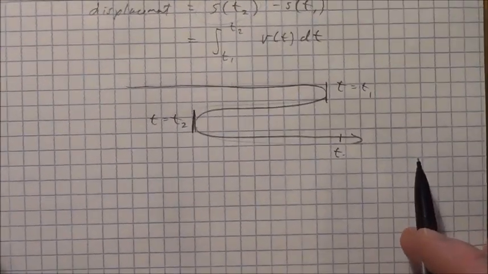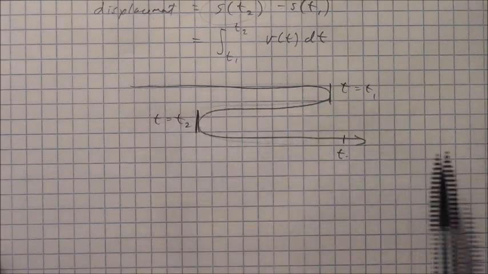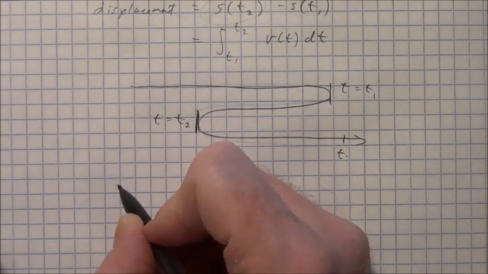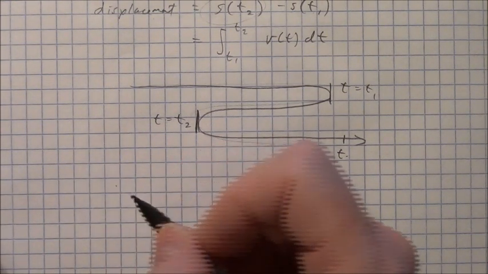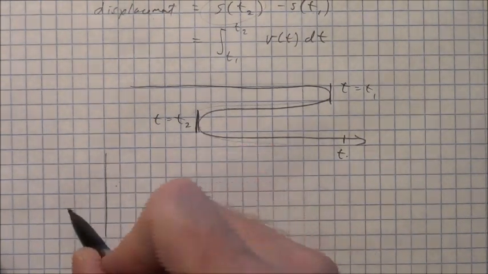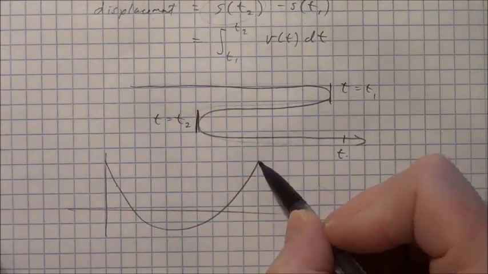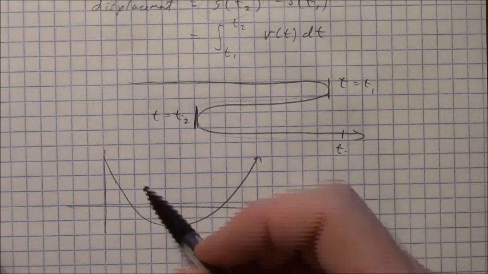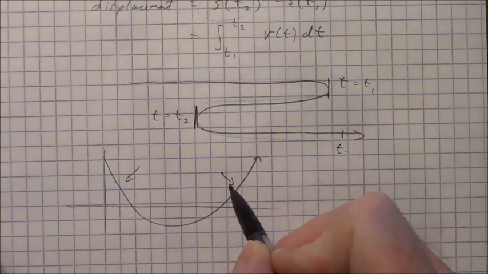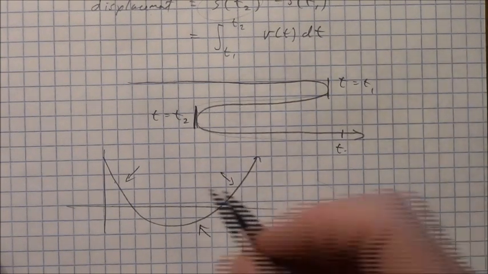So if a particle or an object is moving back and forth, the velocity function could be some sort of a quadratic. And so the quadratic might look something like this, for example. If that's the case, then when we take the integral, the distance traveled in these two sections would be positive, but the distance traveled in this section would be negative.